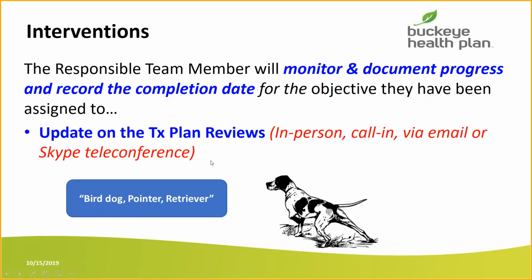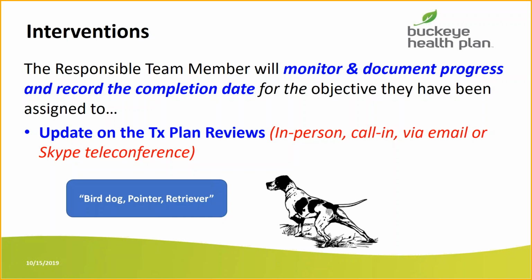So you update the treatment plan on the treatment plan reviews, and I'm going to give you a schedule of what ASAM says, and not that Buckeye is mandating, but I'm just going to show you briefly what ASAM says in this manual. But when you update on the treatment plan reviews, you can do it in person. If your interdisciplinary team is sitting around a big table in a conference room, looking at chart after chart, patient after patient, great.